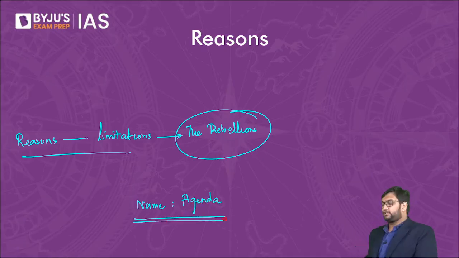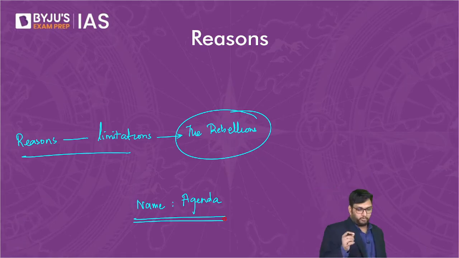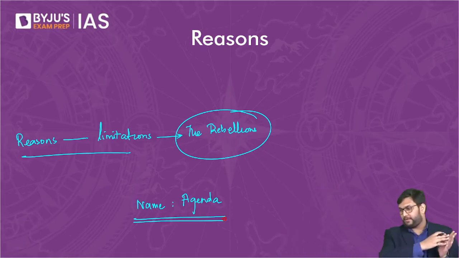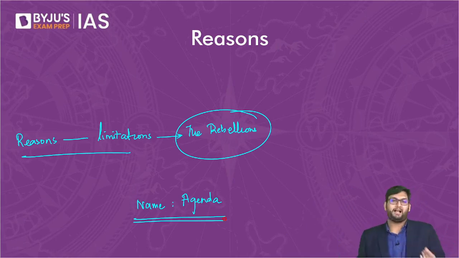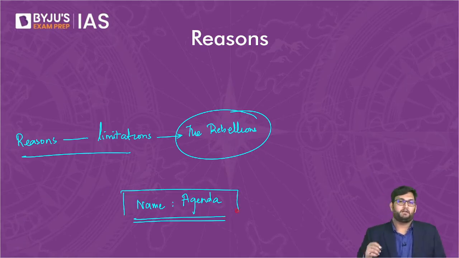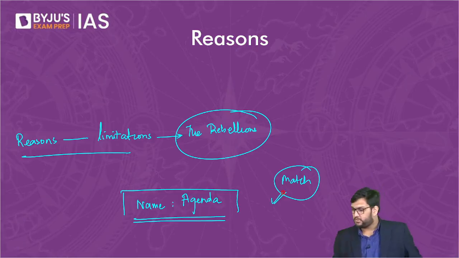Do not try to learn their years, because it will become too much to manage. Most of them happened over multiple years, so you can't pinpoint their basic location in the chronology. So the name and agenda will be enough to answer any question in prelims, wherein they can give you a match the following type question or generally a statement based question.